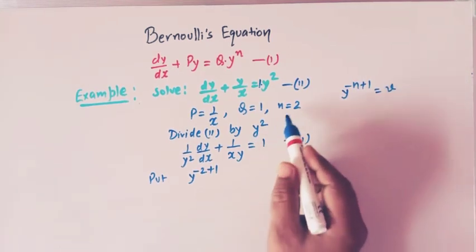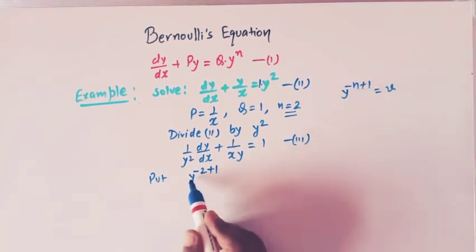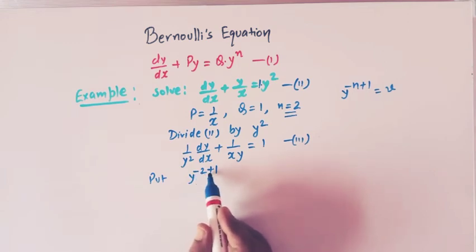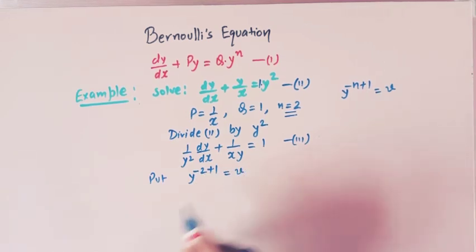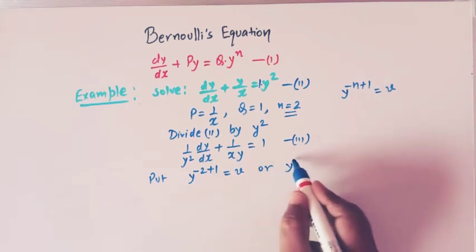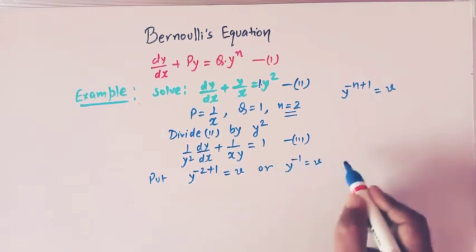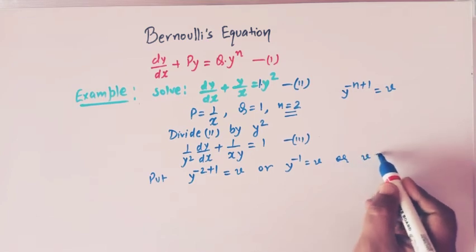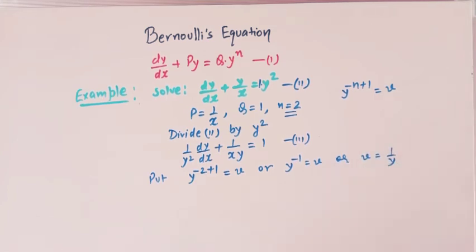Here n is equal to 2, so we substitute y raised to minus 2 plus 1 is equal to v, which can be written as y raised to minus 1 is equal to v, or v is equal to 1 over y, right?